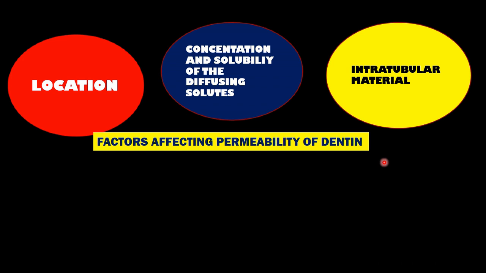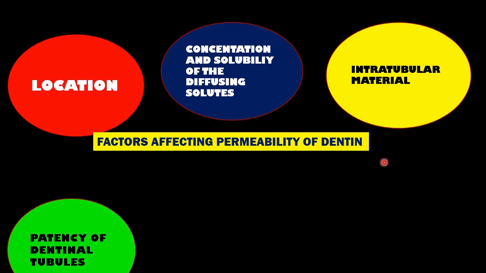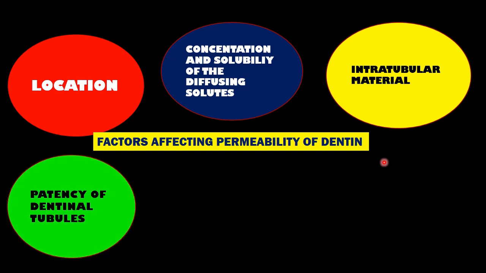Mineral deposits, like in case of sclerotic dentin or the tertiary dentin formation, where we have the collagen fibrils, and these deposits reduce the permeability of the dentin. And the next factor is the patency of the dentinal tubules. Sclerotic dentin is less permeable than the physiologic dentinal tubules.